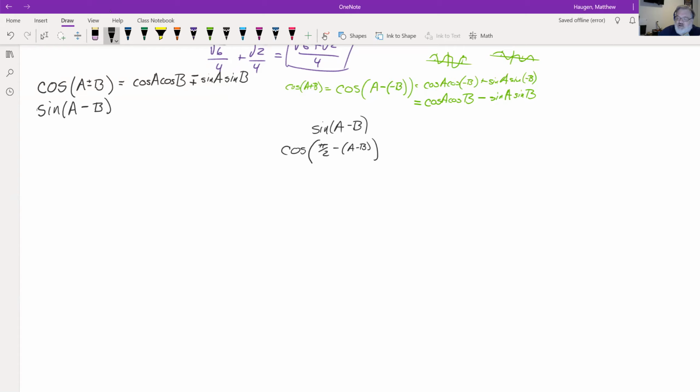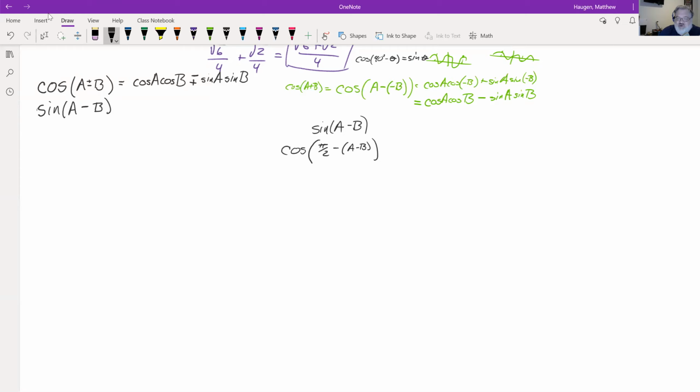You might remember back to our cofunction identities, the cosine of 90 degrees minus theta was equal to the sine of theta. You switched from an angle to its complement. You switched from a function to its cofunction. So I am reaching back a bit to get that function, but it allows us to turn the sine argument into a cosine argument.